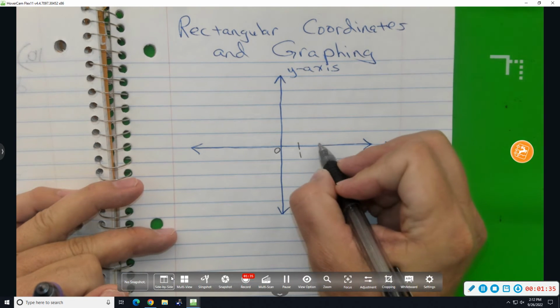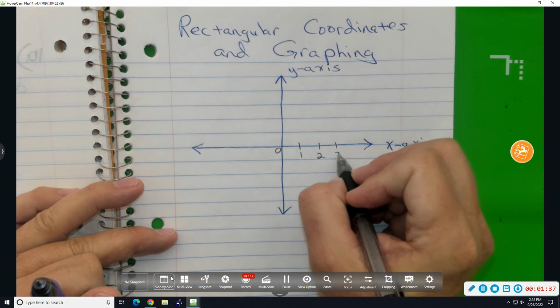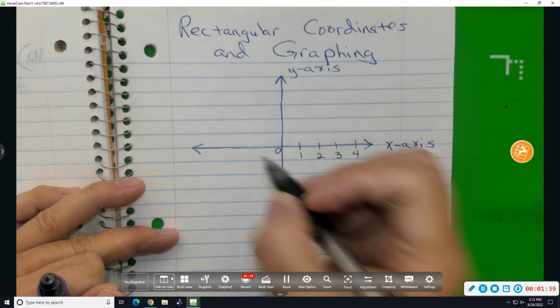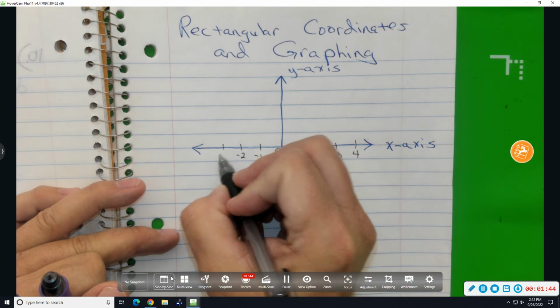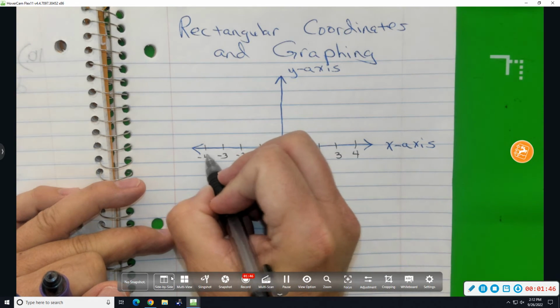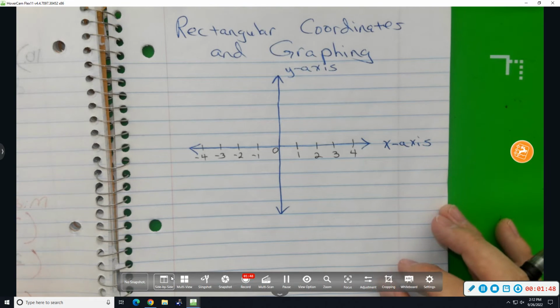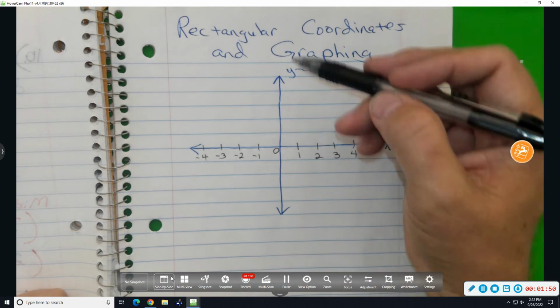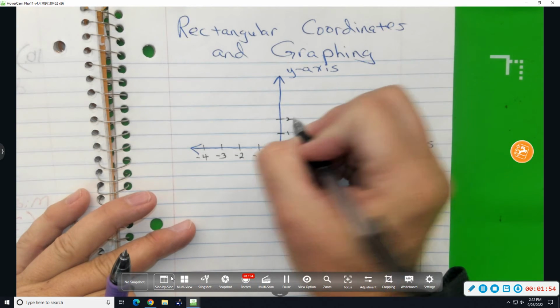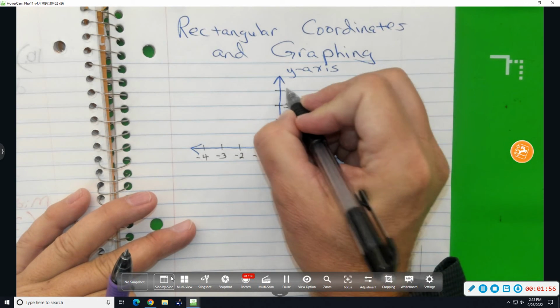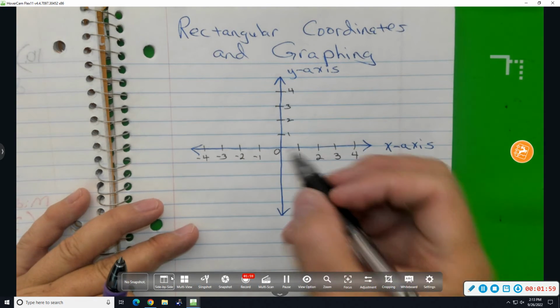To the right is positive, and to the left is negative. And with the vertical number line, up is positive, and down is negative.